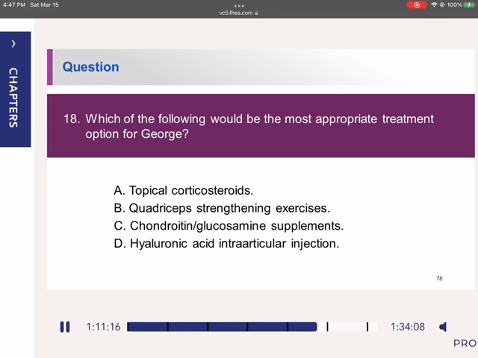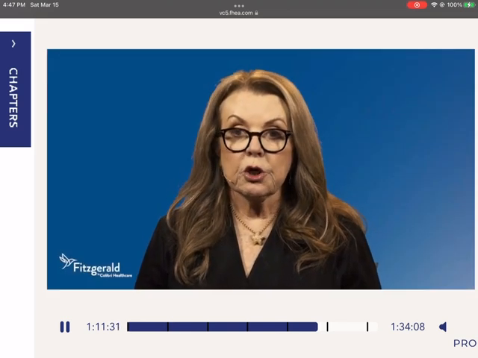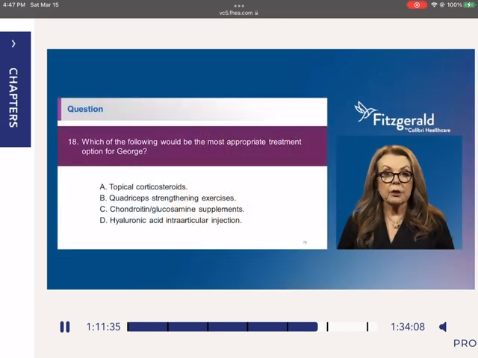A, topical corticosteroids, B, quadriceps strengthening exercises, C, chondroitin and glucosamine supplements, D, hyaluronic acid intraarticular injection. What we have to do now is go back to best evidence. And the answer here would be option B, quadriceps strengthening exercise.